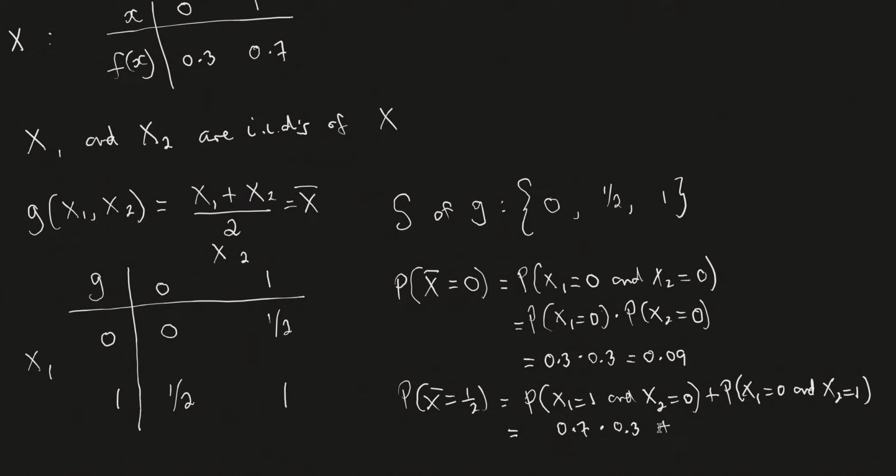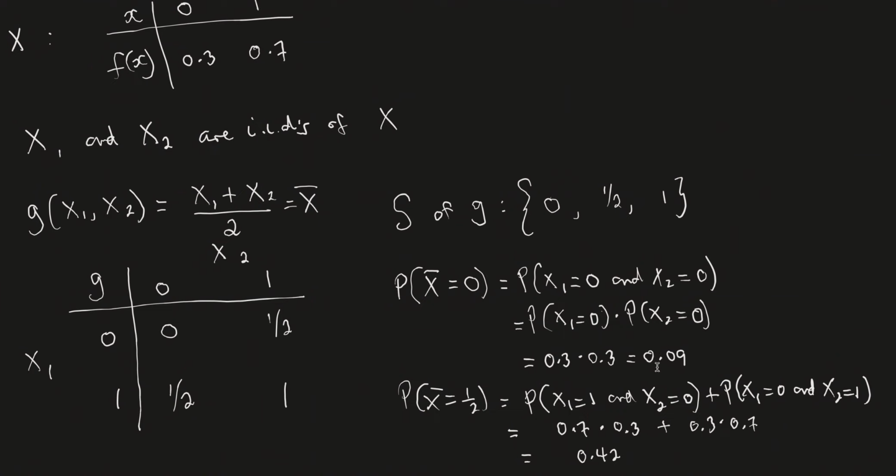And then in the other possibility, it's flipped, plus the probability that x1 is equal to 0, that is 0.3, times the probability that x2 is equal to 1, that's 0.7. So we end up having 0.21 here and 0.21 there, so 0.42. All right, so we have this.